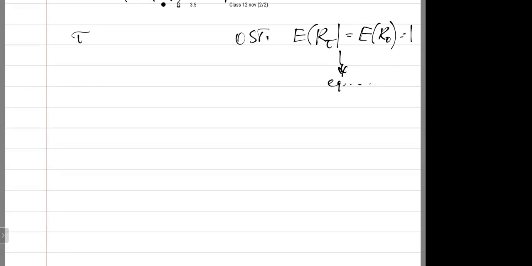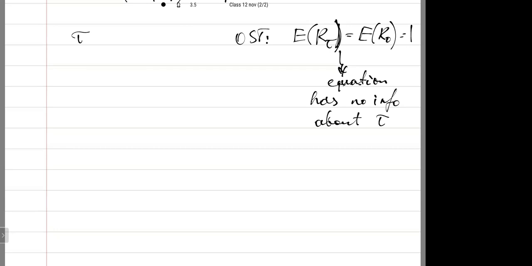So it's an honest martingale, everything is fine, but this equation has no information about tau.